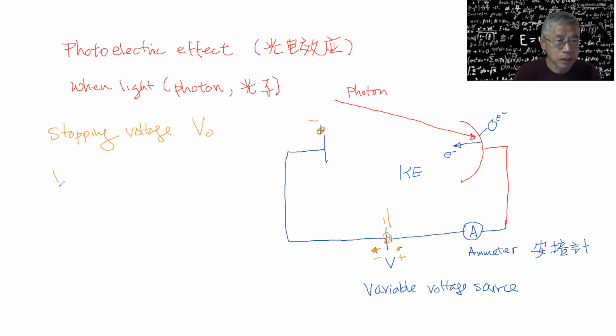And this V0 will be equal to the maximum kinetic energy that this ejected electron has.